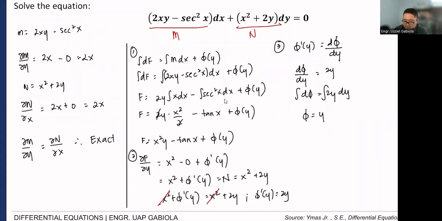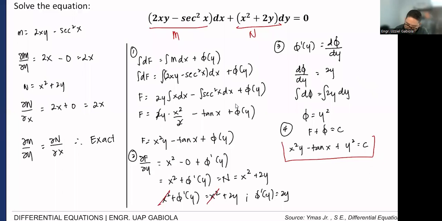Y squared. Then sa next step or last step, f plus phi is equals to c. So f natin is kung ito, no? So x squared y minus tangent x plus yung value ng phi natin, y squared is equals to c. So kung wala nang pwedeng simplify, and this is our answer for this problem.